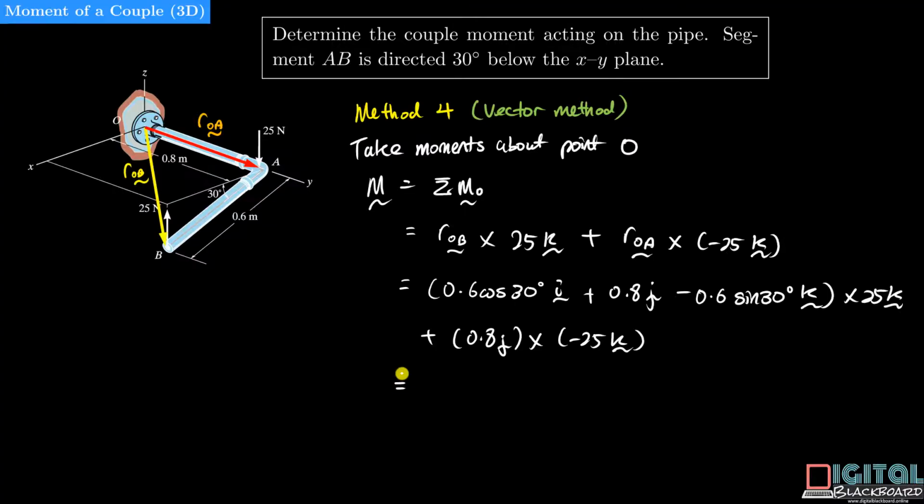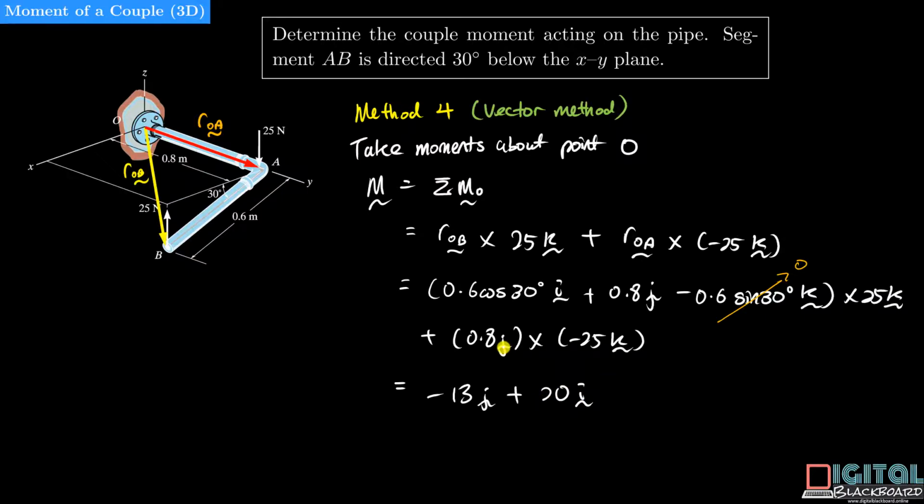And now let's perform the cross products. k cross k will give you 0. i cross k gives us minus j, so we have minus 13 j, where 13 is just this number here multiplied by 25. j cross k gives us i, so plus 0.8 times 25 is actually 20i.